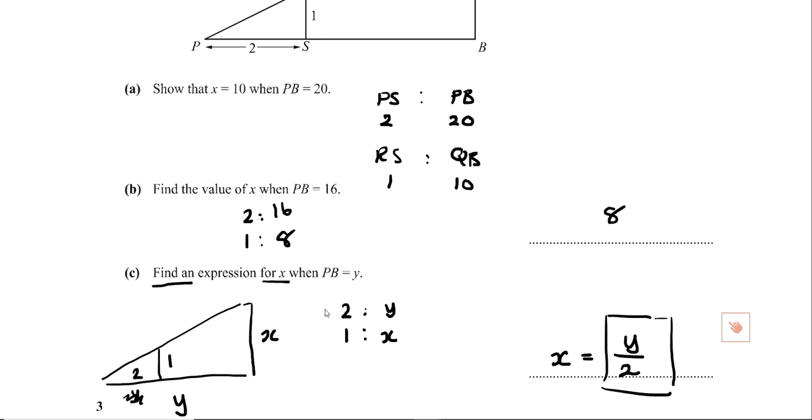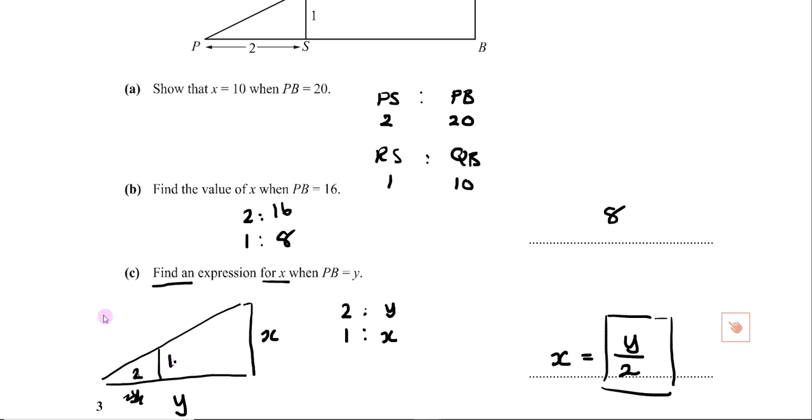Why is it like that though? Because we've got the same thing, haven't we? We're talking about the ratios. The relationship between x and y is the same as the 1 and the 2. So we can look at 1 to 2. We look at the ratios in different ways.